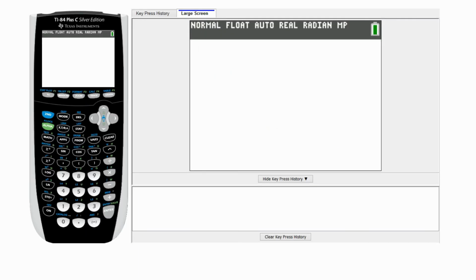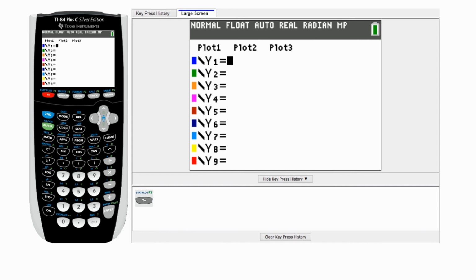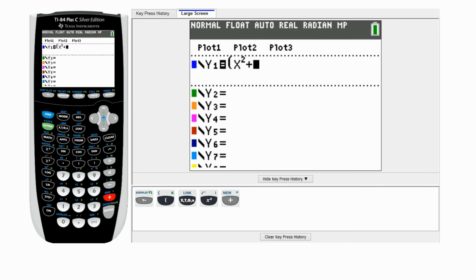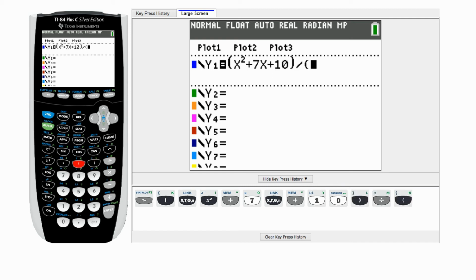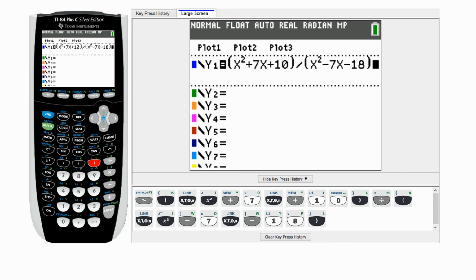On our calculator, go to y equals, parenthesis, start our numerator, x squared plus 7x plus 10, close parenthesis, divide, open parenthesis for our denominator, x squared minus 7x minus 18, close our parenthesis.